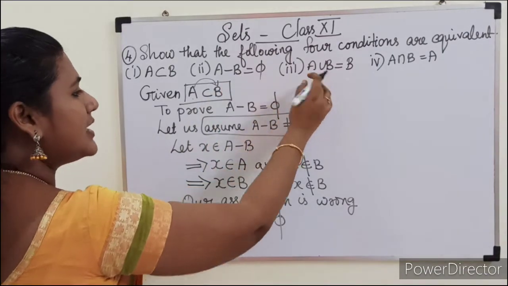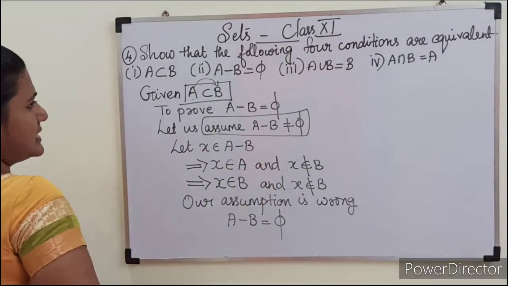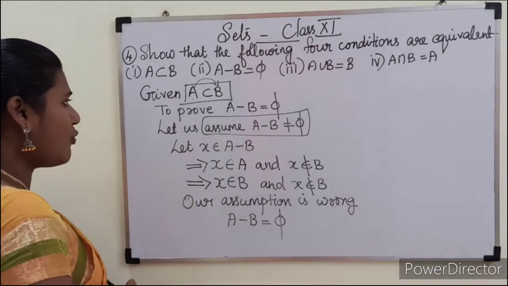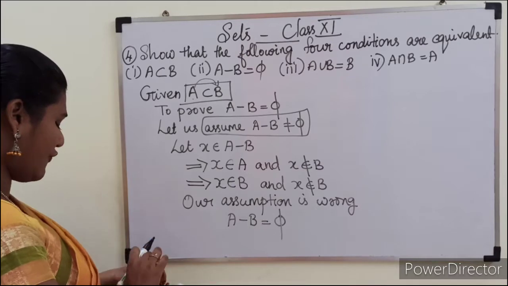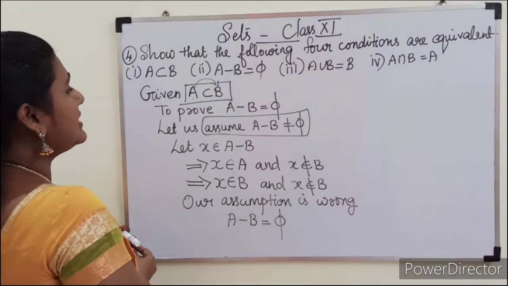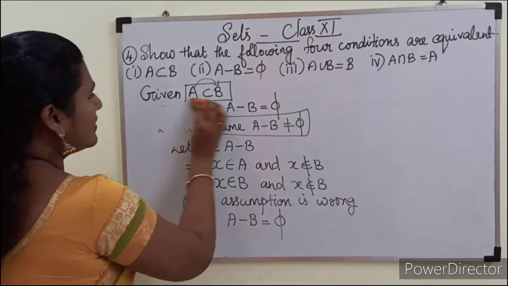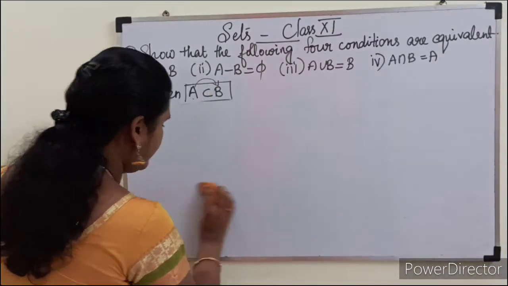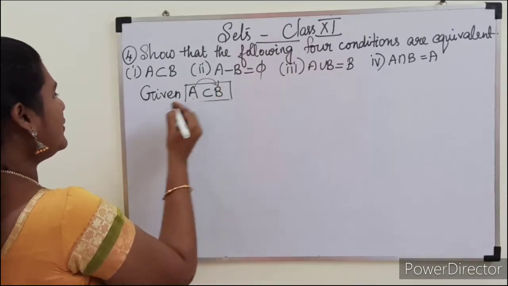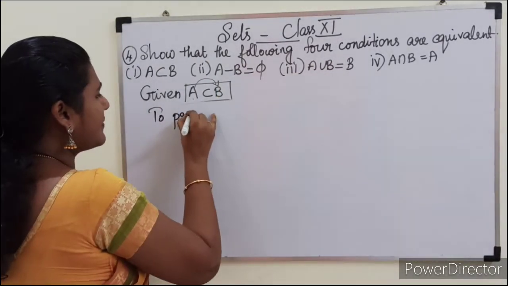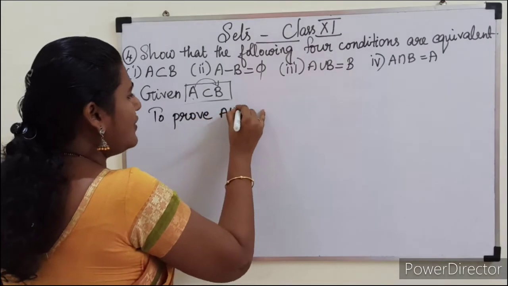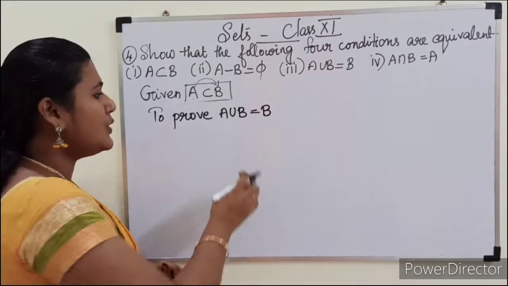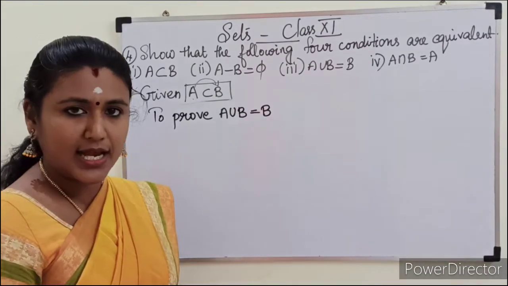Now we have the third one, how to prove the third condition. So here the same condition, we will take condition 1, that is A is a subset of B, and we have to prove the third part, A union B is equal to B. You know how to prove 2 sets are equal.